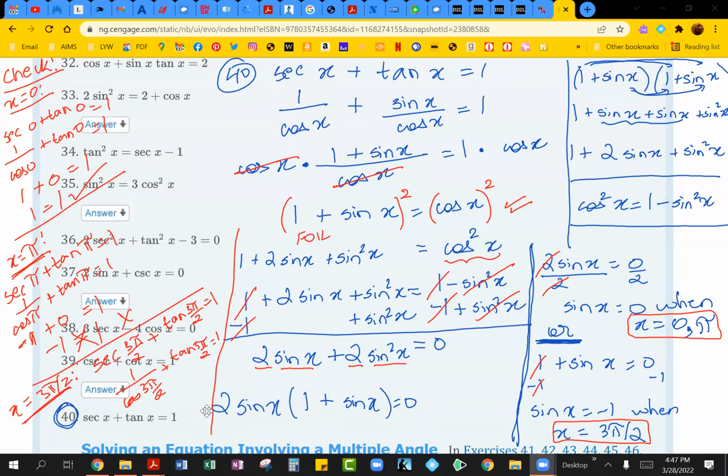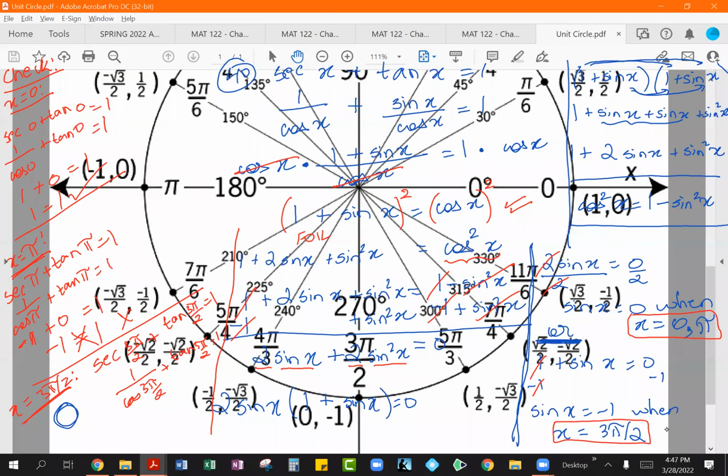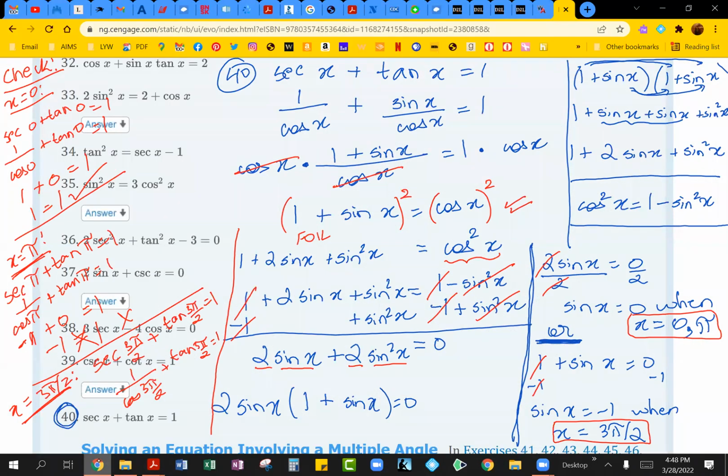All right, for this one, we definitely want to go back to our unit circle. When you have 3 pi halves, you will see your cosine is actually 0. So when you try to do 1 divided by cosine of 3 pi halves, you're actually doing 1 divided by 0.